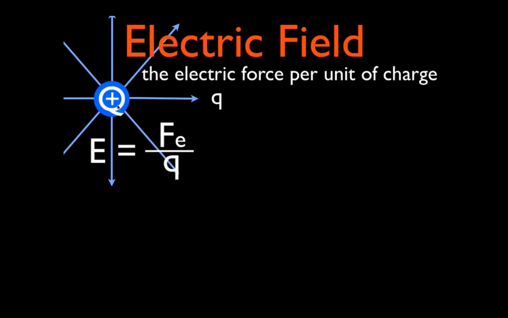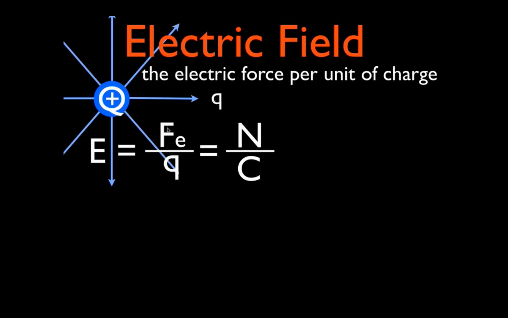Okay, you remember the equation for the electric field has this big Q in it, but the definition, or another way to calculate the electric field, is just to take the electric force at this point divided by the amount of charge placed at this point away from the main charge. Now that means, by definition, the electric field is going to have the units of newtons per coulomb. Newtons of force on this charge per coulomb of this charge.